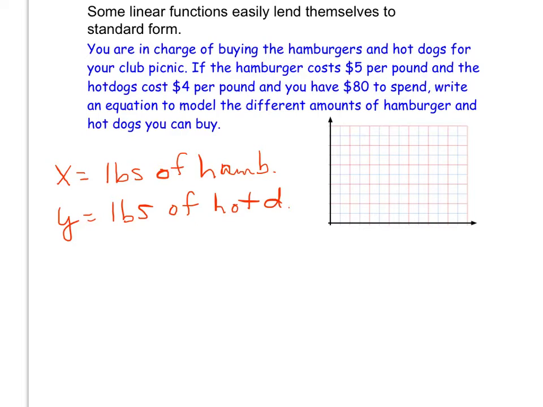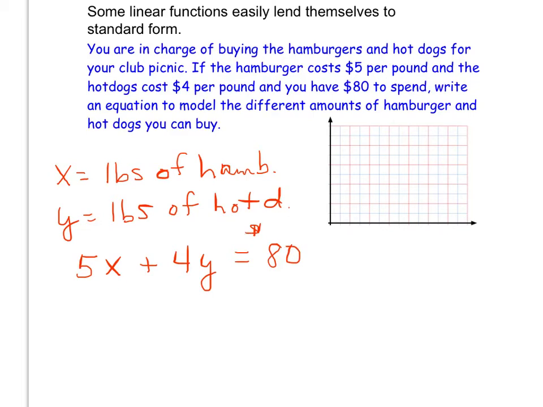Then the equation is pretty simple: you're going to take $5 per pound of hamburger, so 5 times x, plus $4 per pound of hot dogs, and again that's y, so 4 times y, and you've got $80 to spend. Maybe this time we'll just say equal to 80, but obviously you could spend less than that. So basically that would be your equation.